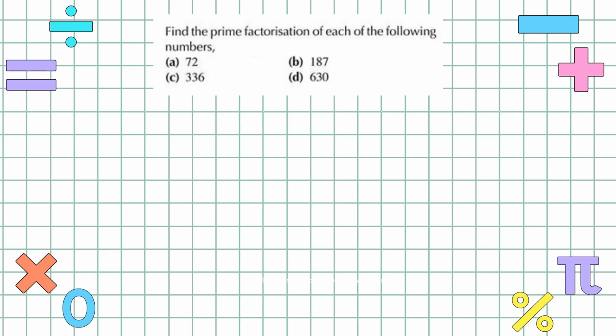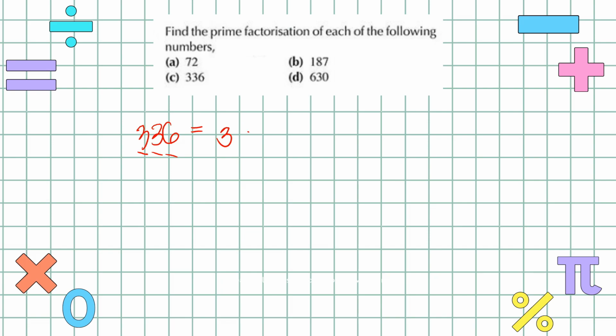For the third one, we have 336. Again, you can start with small numbers. Think of a number that when multiplied by 3 will give you 336. You can also use 2, but since the numbers are quite close or related to 3, I used 3.